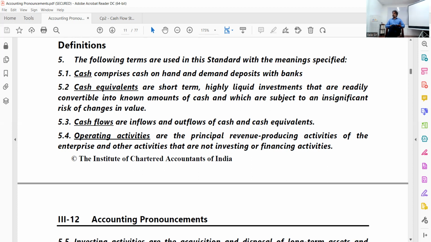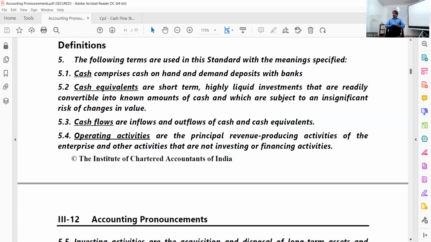Doesn't matter long term or short term borrowing, but loan borrowed from a bank or any other financial institution, right? That's point C. Now write point D: redemption of debentures and repayment of loan.